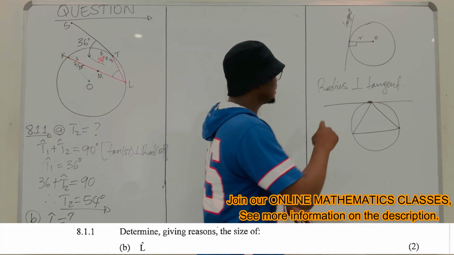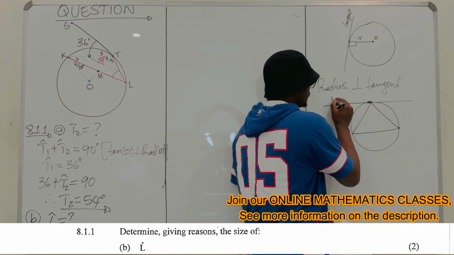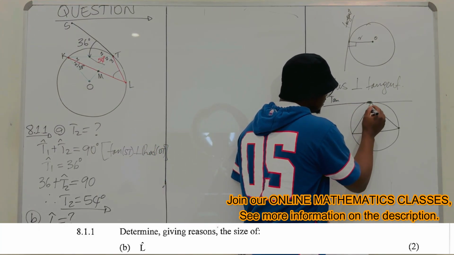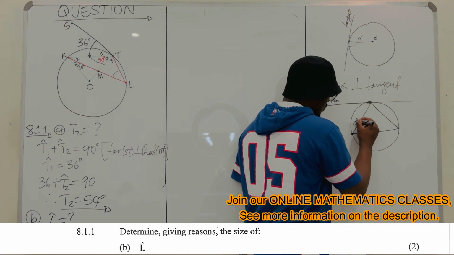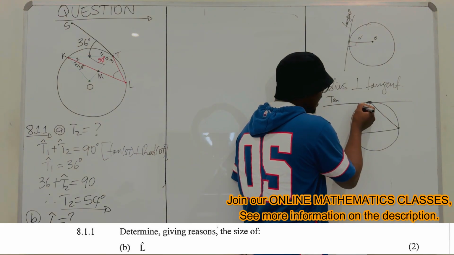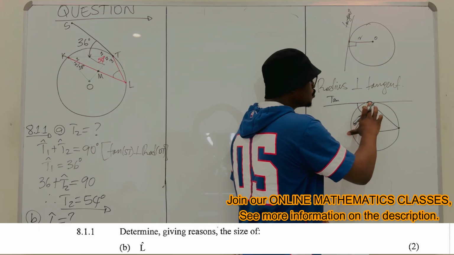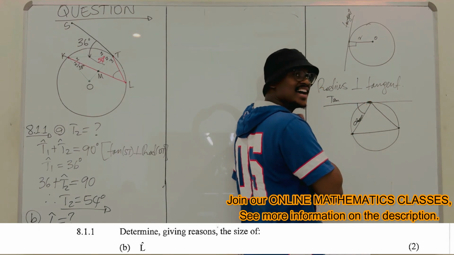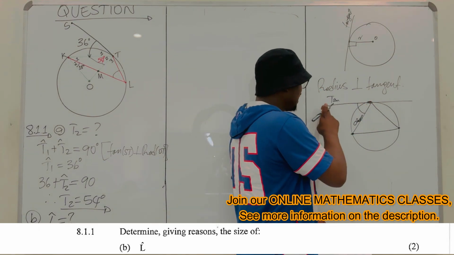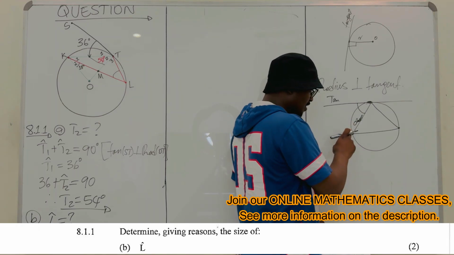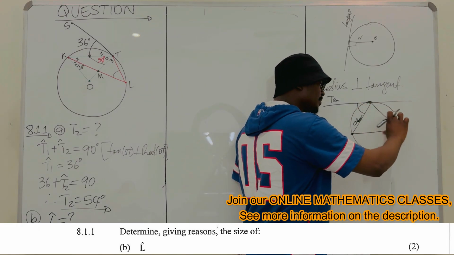So if you're looking at this tangent of yours, and this is your chord here, the angle between the tangent and the chord is equal to the angle that this chord will subtend on the other side.